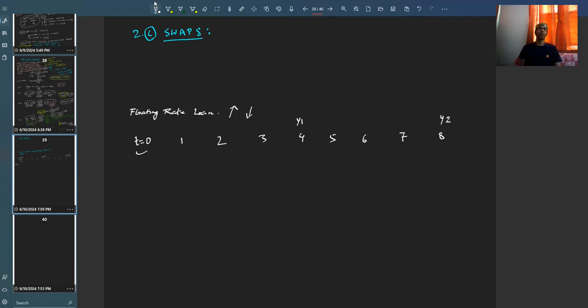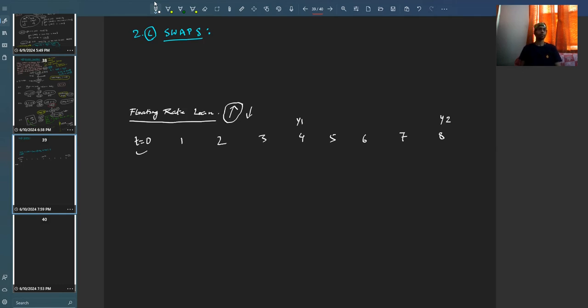So your cost, according to your speculation, may rise. So you do not want to keep the risk of rising interest rates on your account. You want to pass it on. Now how do you pass it on? You can pass it on by exchanging the floating rate payments for fixed rate payments through a swap.